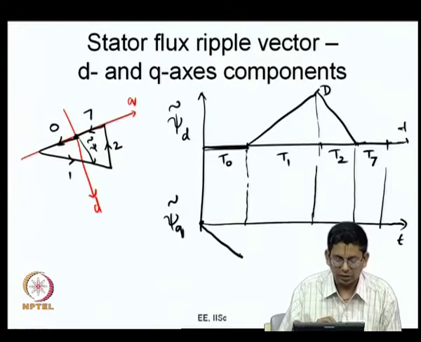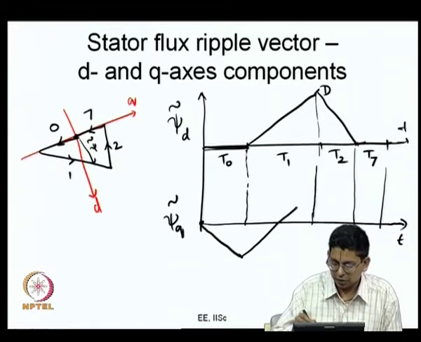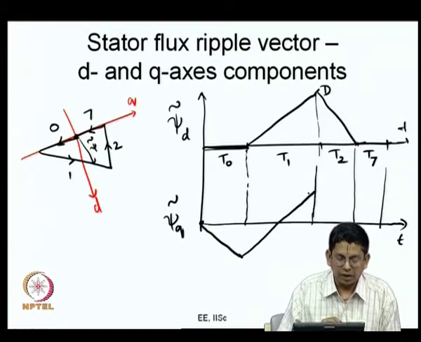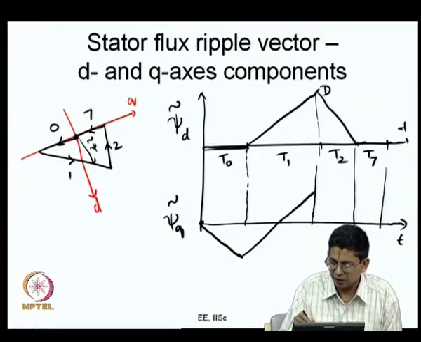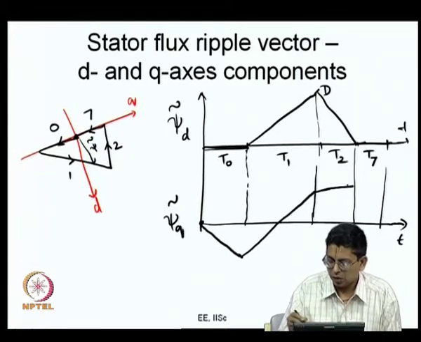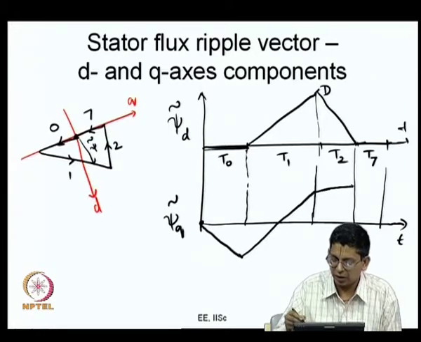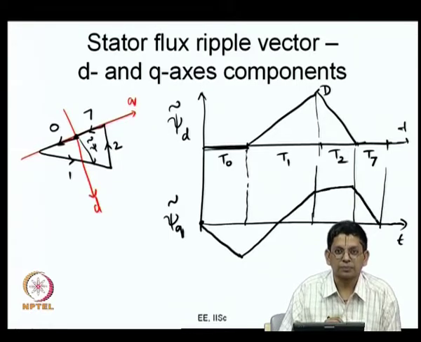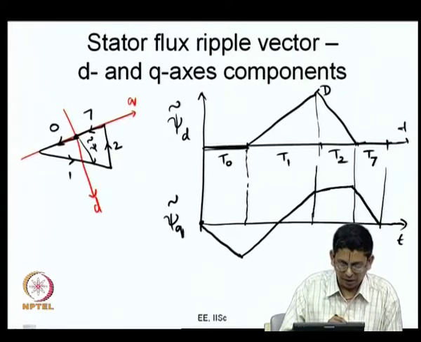Then when I apply active vector 1, v q tilde is positive and it goes about increasing, something like this. Then when I apply active vector 2, v q tilde is a small positive value for the specific case we have considered, and it changes like this now. And subsequently when the other 0 vector is applied, that is the 0 state 7, this falls like this, it comes down to this now. This is what we have. So, psi q tilde has a variation as shown here.